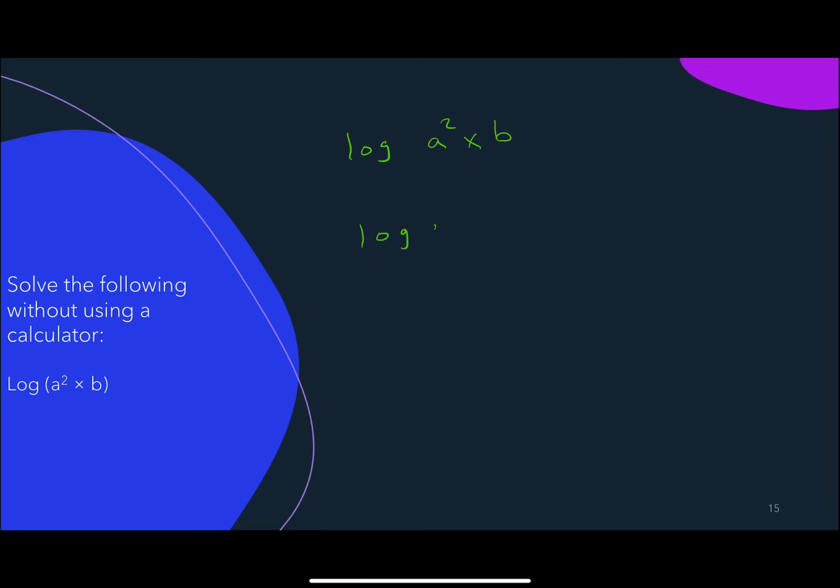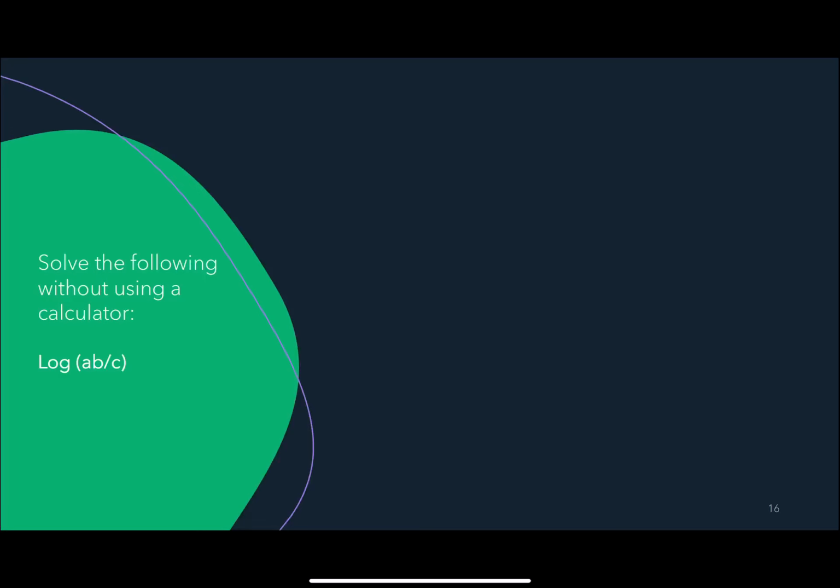Okay, so we got log of 8 to the power of 2 multiplied by b. And then this is the same thing where we said before, log, if you want, 2 plus log b. So we have the addition here. Then that becomes 2 log a plus log b.